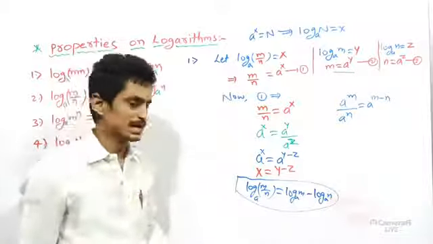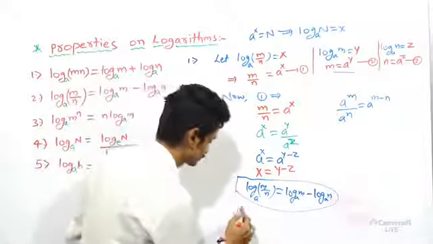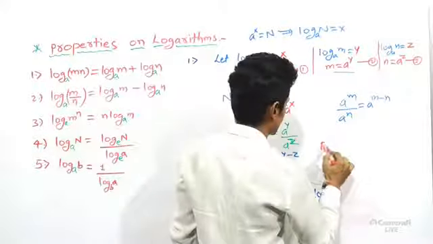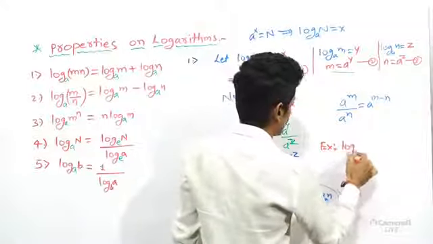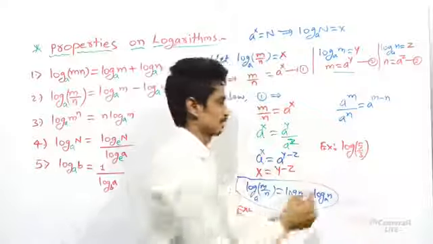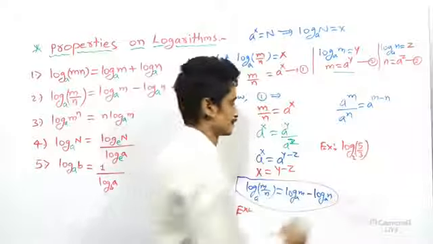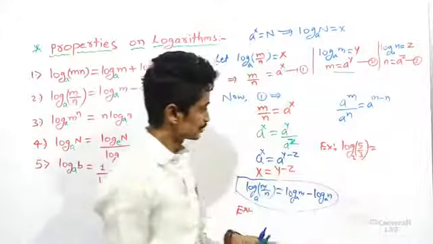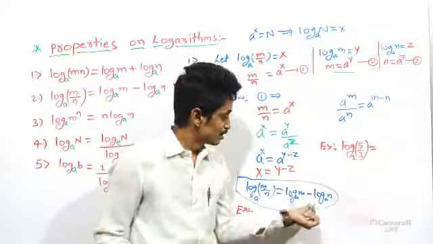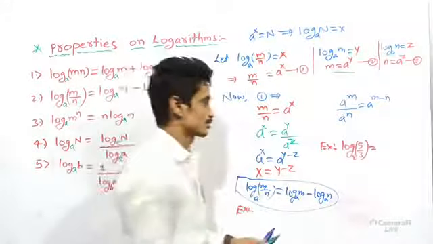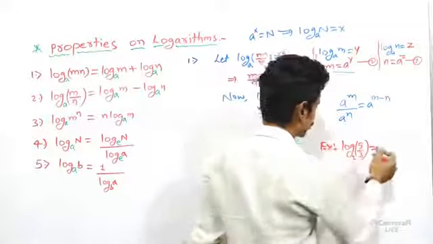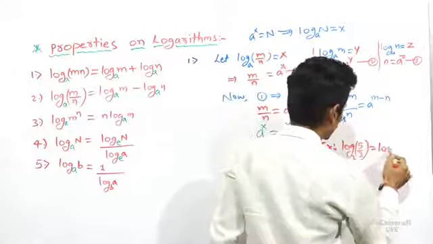Whenever you have some numbers, for example, I will write an example: log of 5 divided by 3 to some base. That some base I can take as 2 simply. How to separate it? Division we converted into subtraction form, so log of 5 divided by 3 to the base 2 is equal to, how to write it?